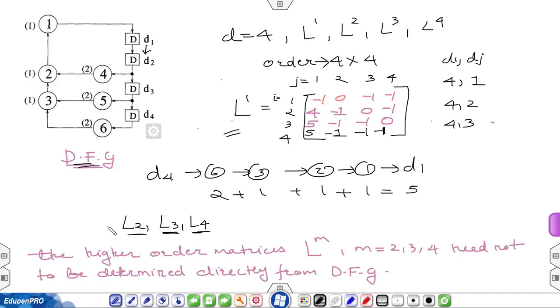Unlike L1, these higher order matrices Lm for m equal to 2, 3, 4 need not be determined directly from the DFG.